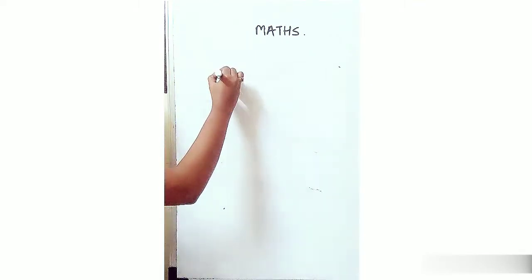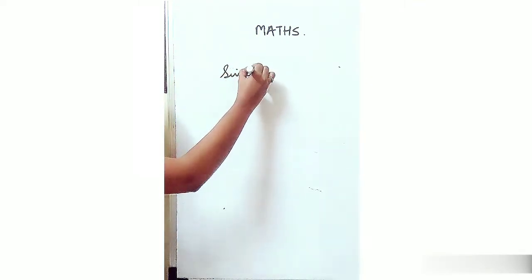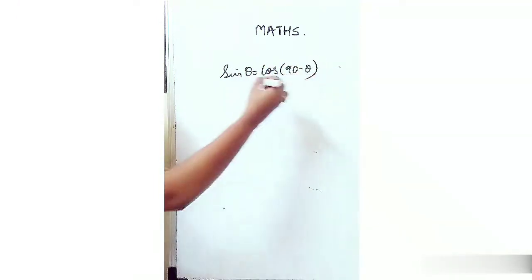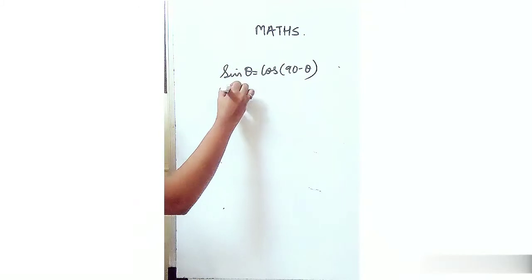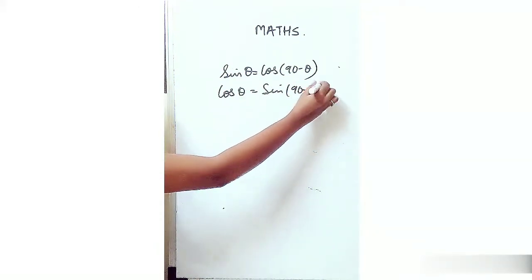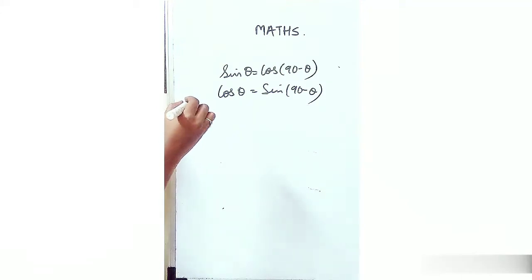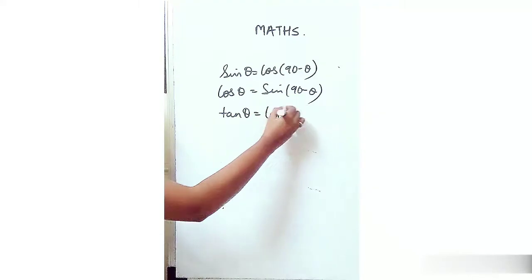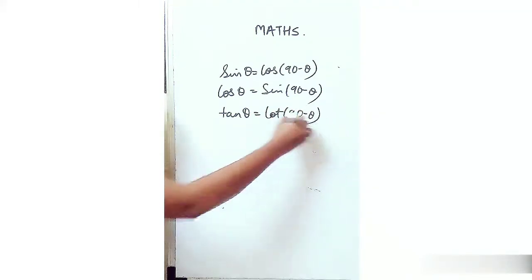Okay. Now see. Sin theta is equal to cos(90 minus theta). This is the first one. Second, cos theta is equal to sin(90 minus theta). Then, what is the next one? Tan theta is equal to cot(90 minus theta).